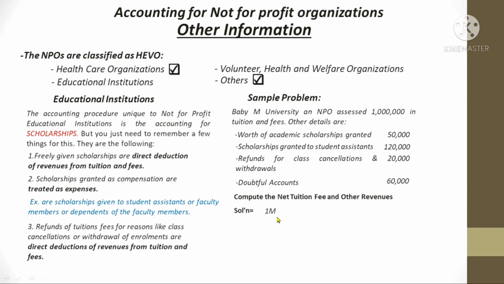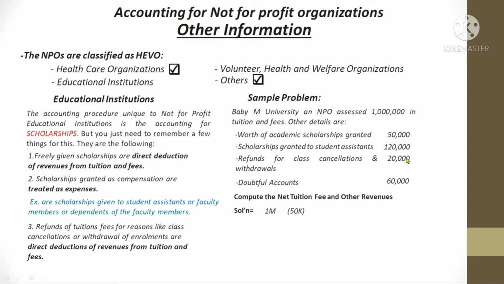Let's start with the total assessed tuition and fees of 1 million, according to the problem. Less, of course, the 50,000, which is the worth of freely given scholarships, according to number 1. But this 120,000 will be ignored because these are scholarships granted as compensation, stated in number 2, and this amount should be expensed.